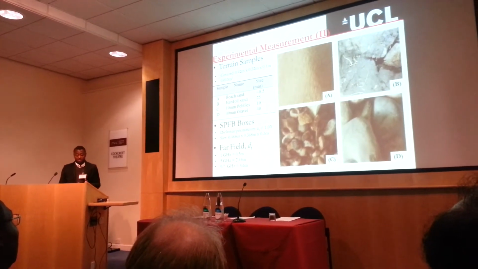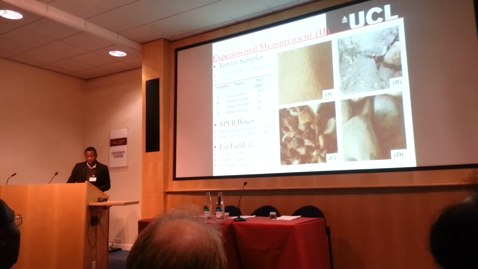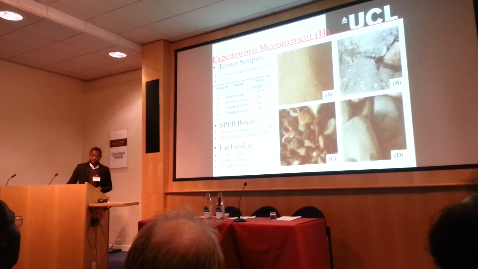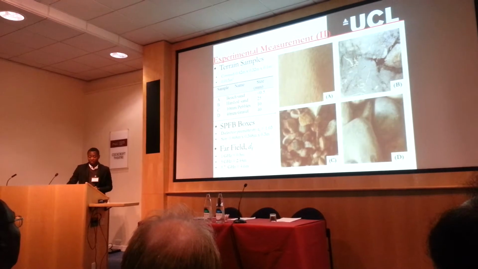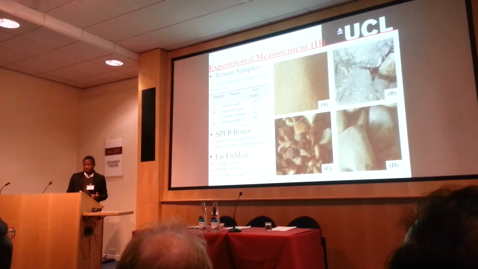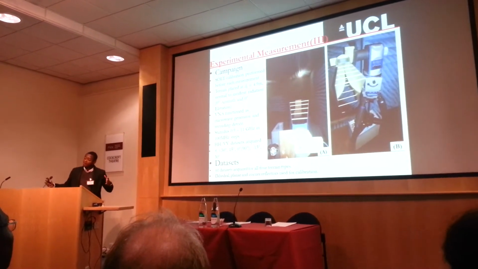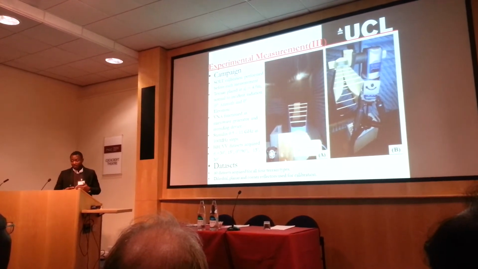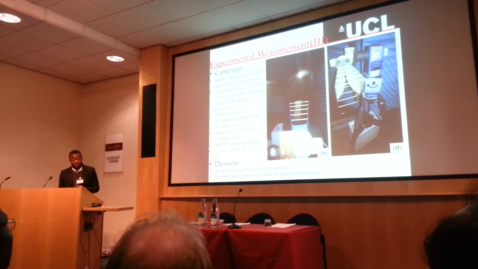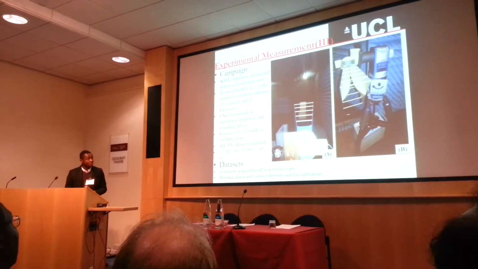For our far field distances, using the antennas we use, for 1 gigahertz radiation it would be about 0.5 meters. For 9.7 gigahertz it was 4.6 meters. But we put our terrain at 4.9 meters so that we avoided the reactive effects. Typically for the measurement campaign, we did our calibration.